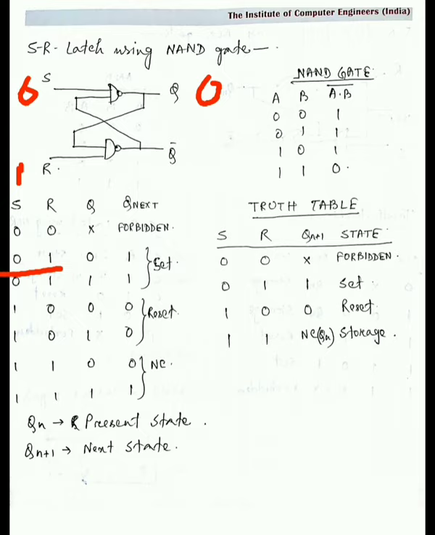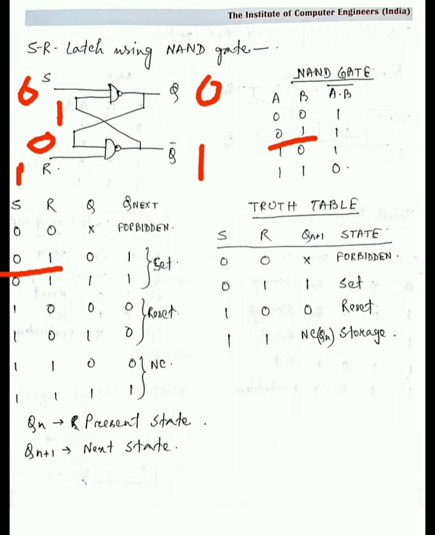So if Q is 0, then at this point R, our signal is 1, so the inputs are 0 and 1. For 0 and 1 the output is 1. So here the output is 1. As this output goes to the other gate, it is 1, so the inputs are 0 and 1 in this NAND gate.